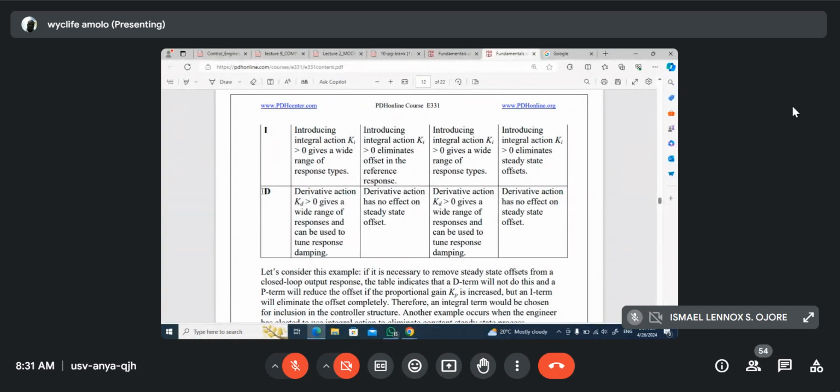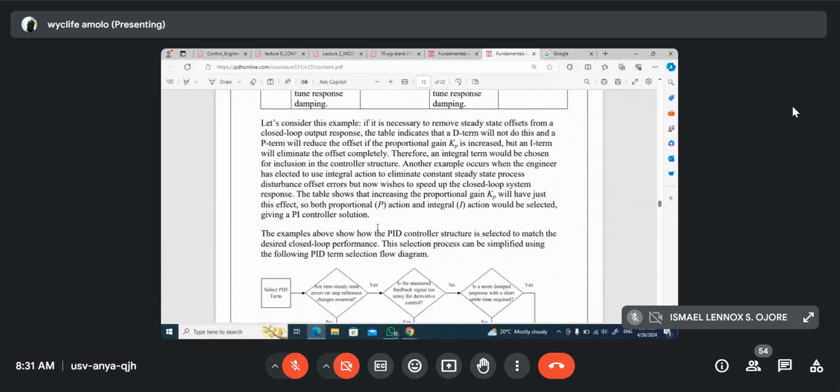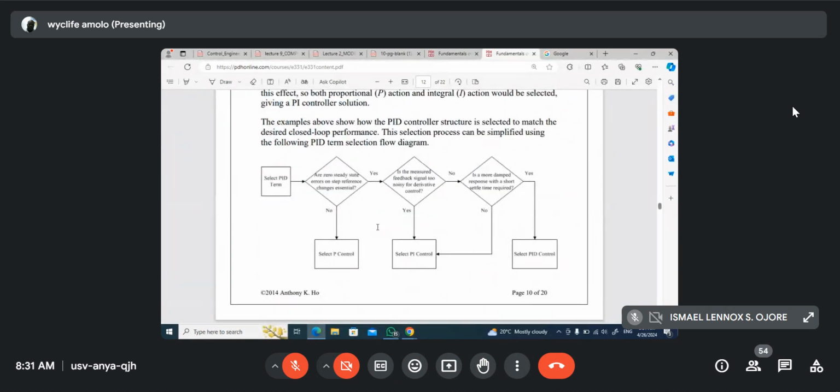So derivative is used for damping action in the transient state, and in a steady state, the derivative action has no effect at all. So this is the response.